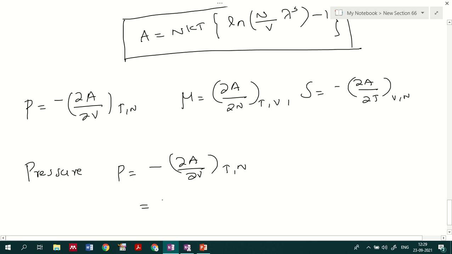So we know that when you represent minus NkT, you have to take ∂/∂V of ln(N/(Vλ³)) minus 1.